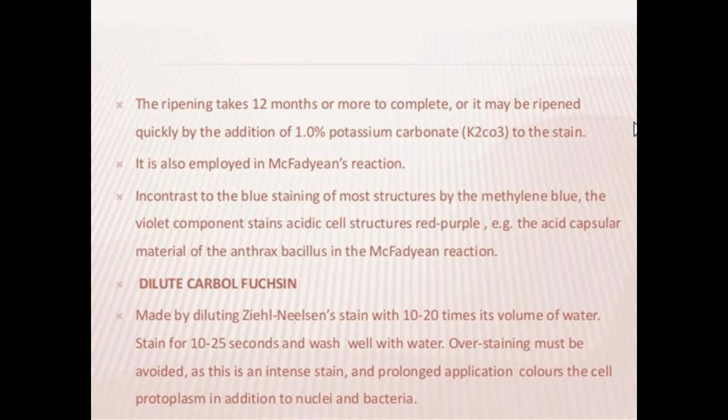When concentrated ones are used, that causes blurring of the image. So for clear observation of the sample, we have to dilute that particular stain, and that allows simple staining for the visualization of different structures.